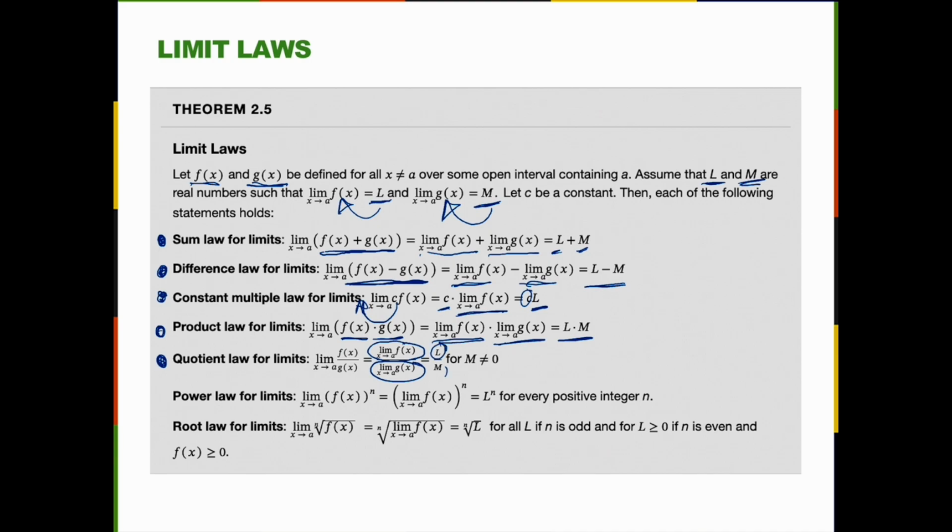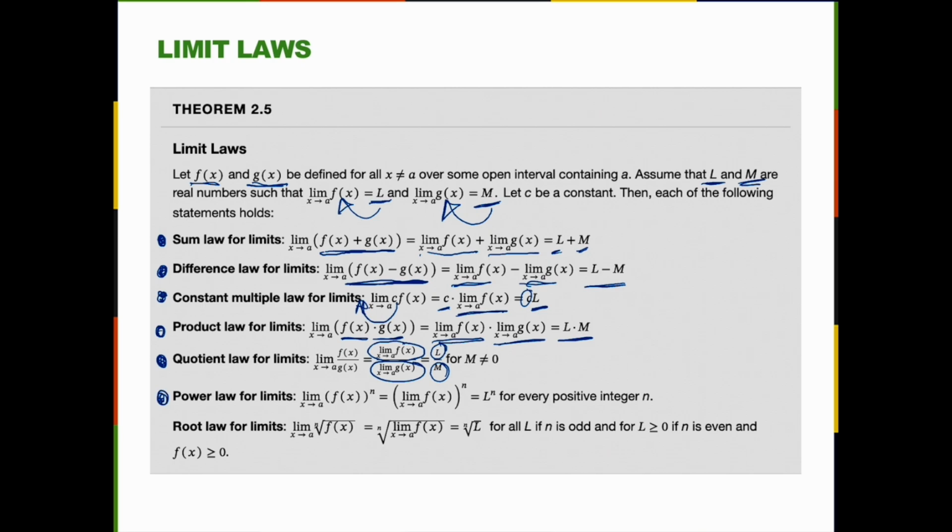So I know that the limit of f of x is L, I know that the limit of g of x is M, and I just divide this. But this is assuming that the limit for g of x is not equal to 0, because remember, we can't divide by 0. So that's the only thing that we have to be careful with there.